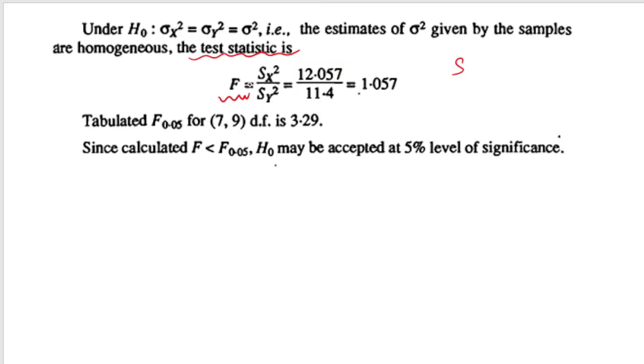So to calculate F, I have written Sx square by Sy square, the one which is bigger, and I got 1.057, and the tabulated value of F for 7 and 9 degrees of freedom is 3.29. So the calculated value is less than the tabulated value, so H naught may be accepted at 5% level of significance.